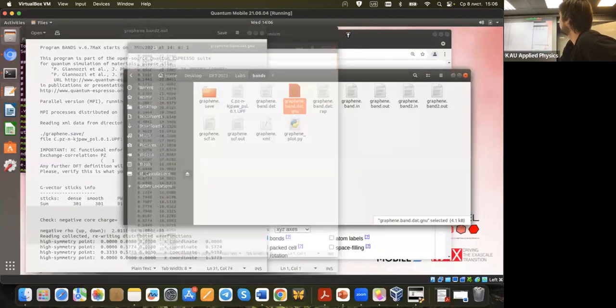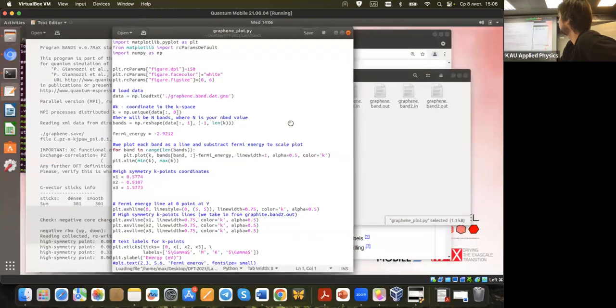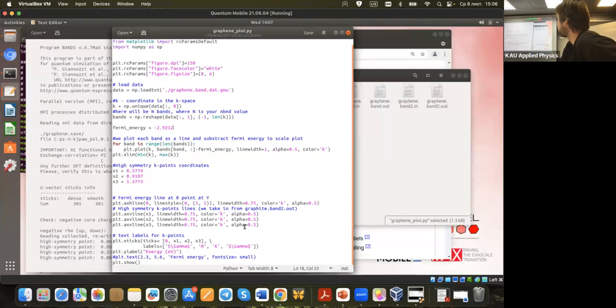We had to plot it. I don't remember if I placed Fermi energy. So you had placed here Fermi energy from SCF in this graphene plot py.